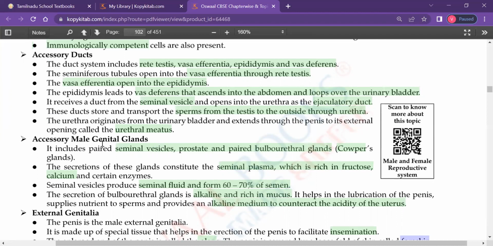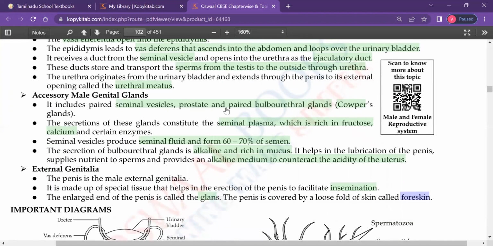Then genital glands: a pair of seminal vesicles, the prostate, and a pair of bulbourethral glands, Cowper's glands. The secretion of these glands consists of seminal plasma, which is rich in fructose, calcium, and certain enzymes. Seminal vesicles produce seminal fluid and form 60 to 70% of semen.